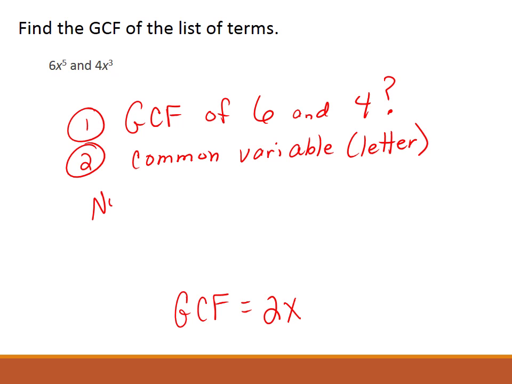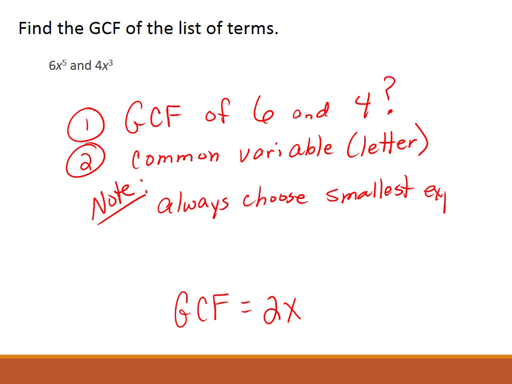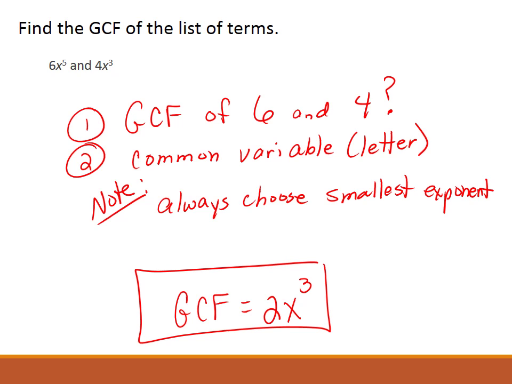Note, when it comes to variables and a greatest common factor, you will always choose the smallest exponent. So in this particular case, the smallest exponent would be 3. Thus, my GCF, greatest common factor, is 2x to the 3rd.